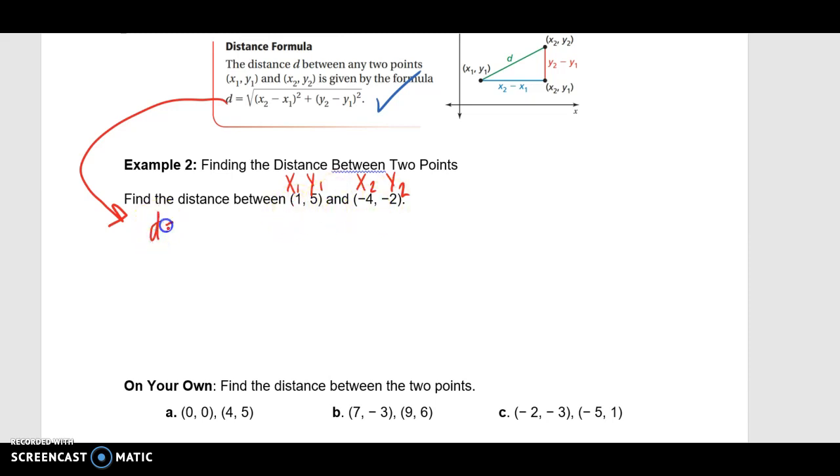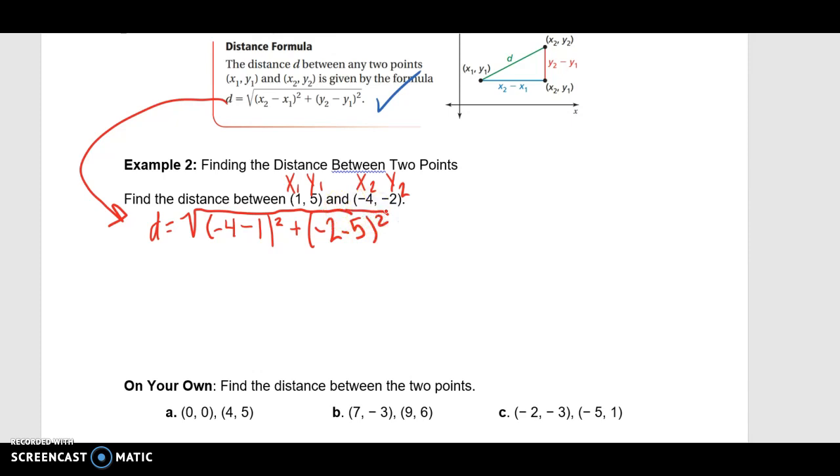So I have d equals the square root of, so instead of x2, I'm going to replace what I said x2 was, which was -4, minus x1, which I said was 1, squaring it, adding my y2, which I said was -2, minus my y1, which I said was 5, and squaring it.